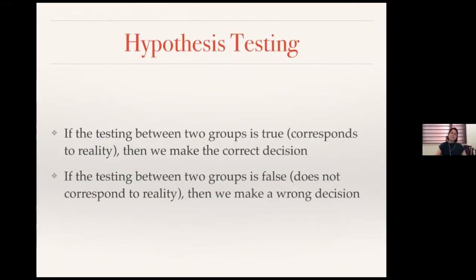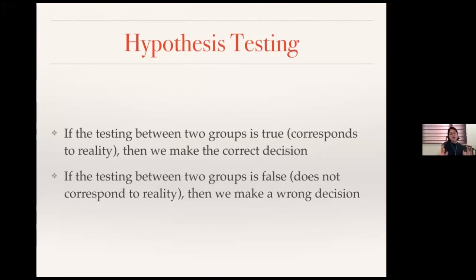Now, for example, when you did the hypothesis testing, whether it's no difference or there is a difference, that is the real, true conclusion. That's what is really true in reality.